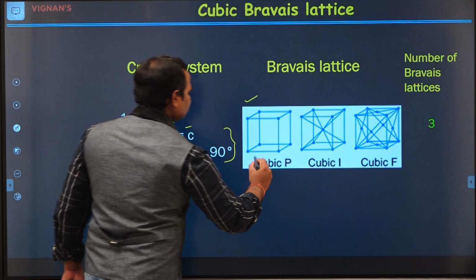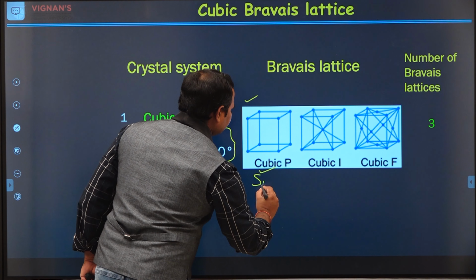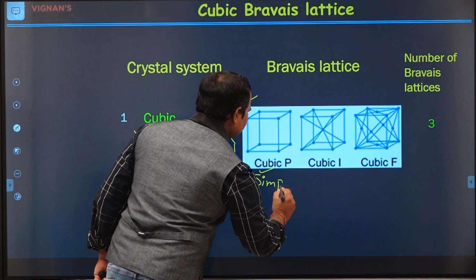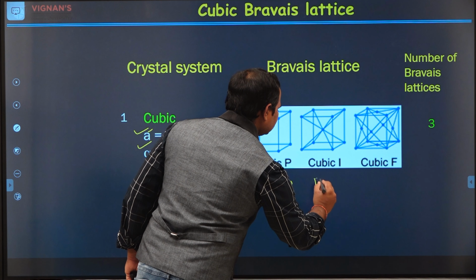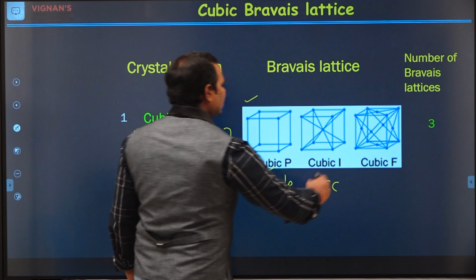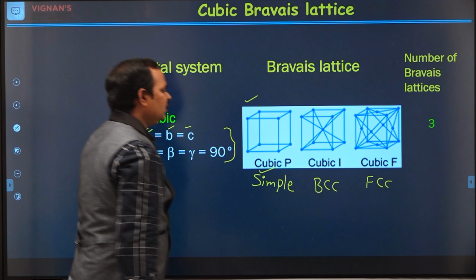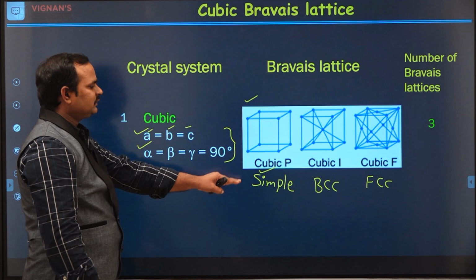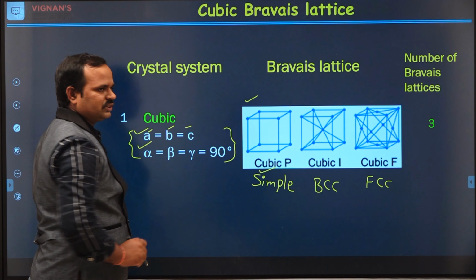They are: the first one is primitive, also called simple. Another one is body centered, the body centered cubic lattice. The third one is the face centered cubic lattice, FCC. Only these ways we can arrange the lattice points with these conditions.